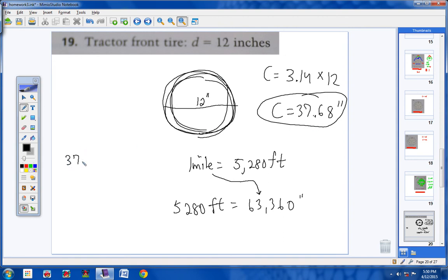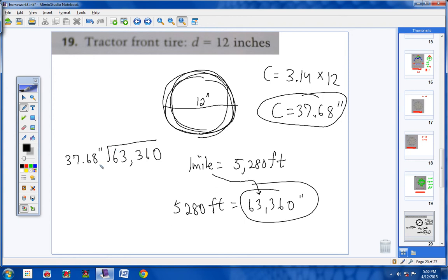Let's see how many times 37.68 will go into 63,360, okay? And that will tell us how many turns have to be made before the tire will travel 1 mile, alright?